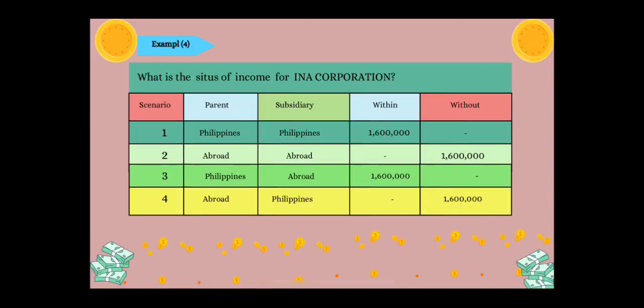So for the total of INA and ANAC, the sales of 4 million and 2 million is equal to 6 million. For the total cost of goods sold, 2,400,000 and 1,200,000 is equal to 3,600,000.